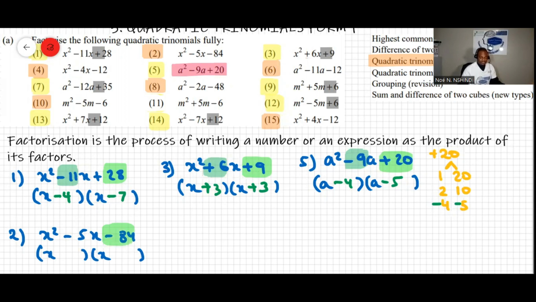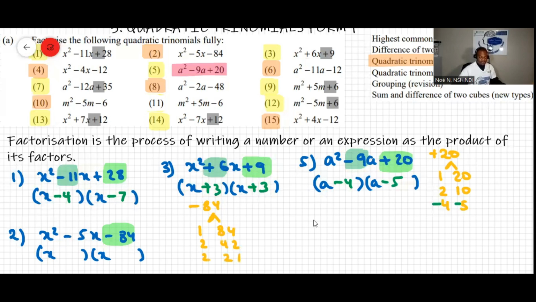I'm going to write here -84. Now let's list all the factors of 84. They are 1 and 84, 2 and 42, and then 2 and 21.